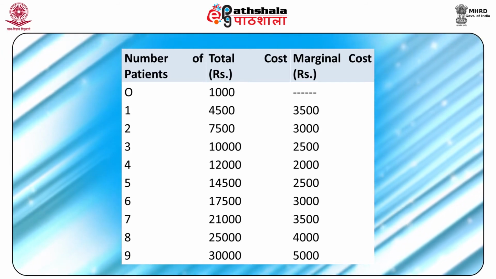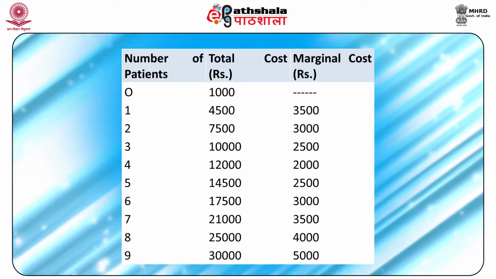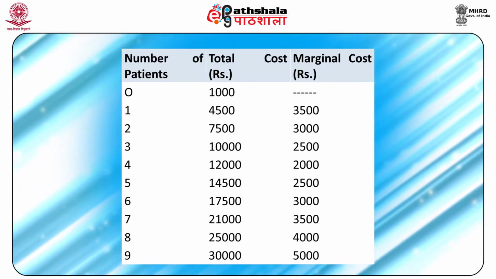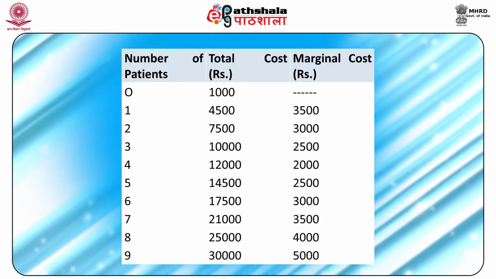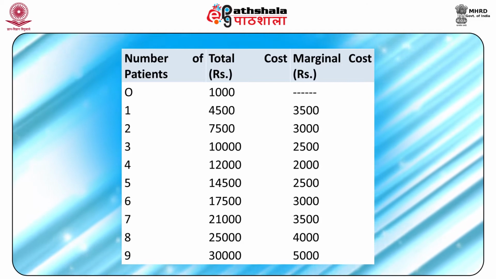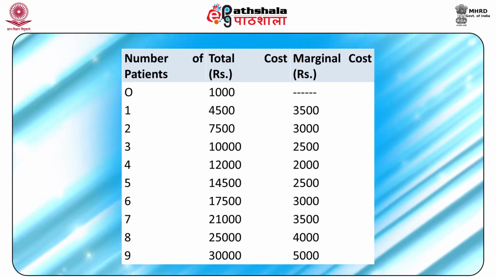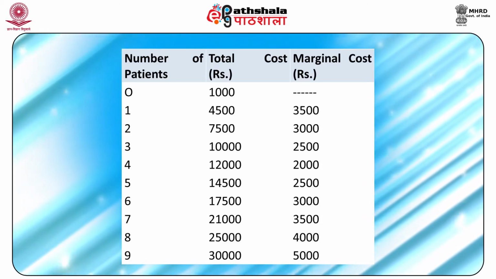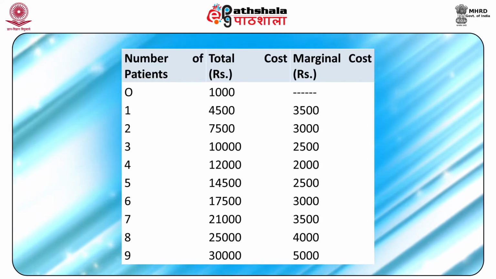This cost schedule table shows the total cost and the marginal cost for each number of patients. As given in the table, when the number of patients is 0, the total cost is 1000, and if we take the number of patients as 4, the total cost is 12,000 and the corresponding marginal cost is rupees 2,000.